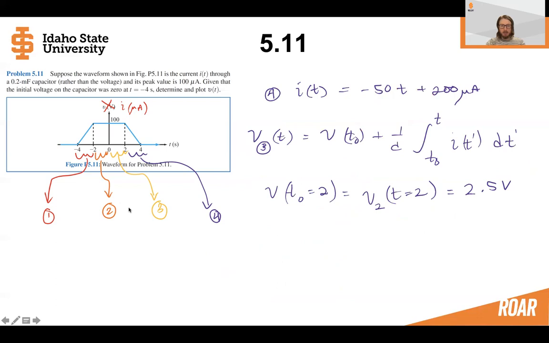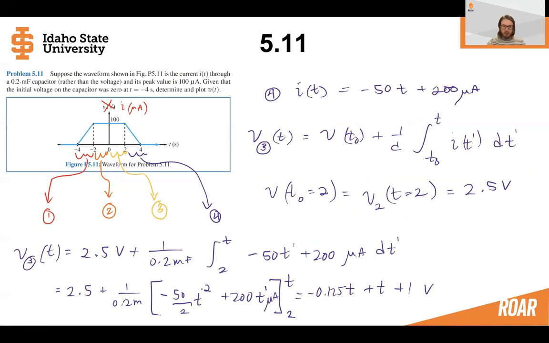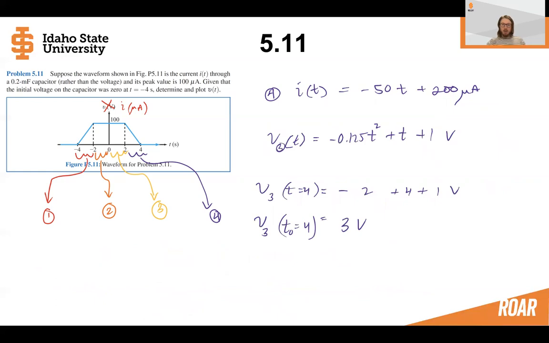So let's do this integration. Doing the function, we come up with this as the function for voltage, and at the very end, at time equal to 4 seconds, the voltage is going to be 3 volts.